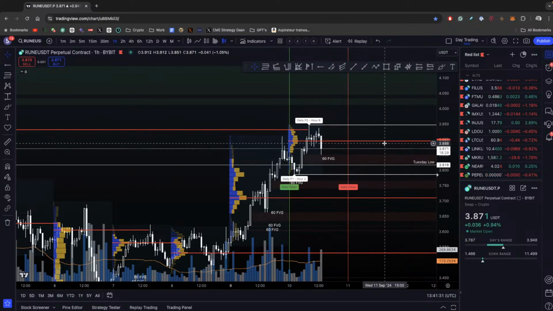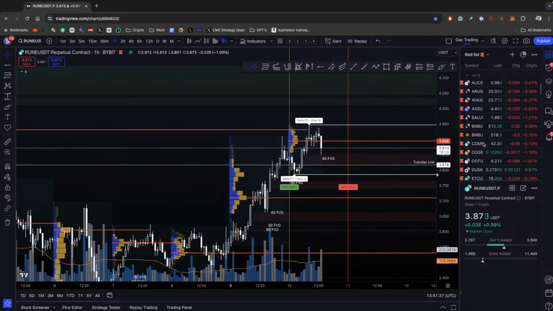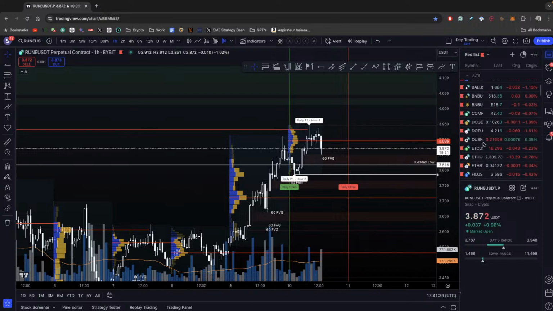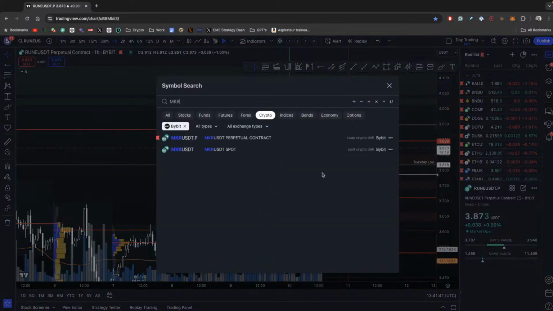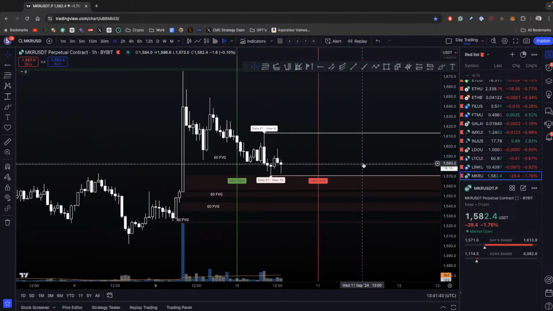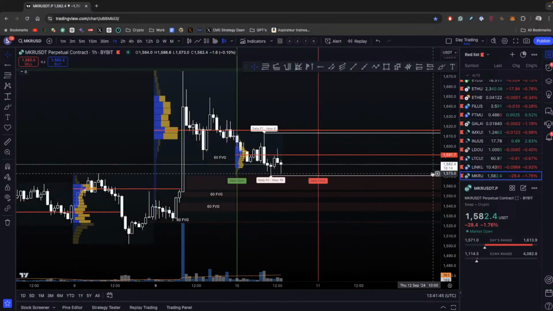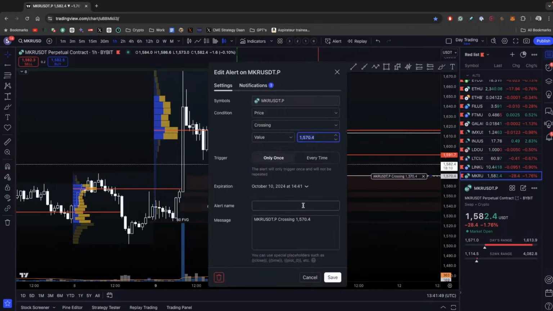I do think downside is going to be limited, and I'm going to explain to you why in the sneak preview part of this stream. So that one we concluded short. This one we concluded short, right? Maker. Let's see if we take that out today. Maker USDT, new P2.